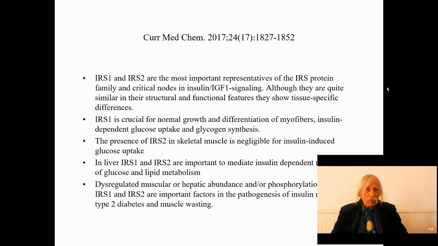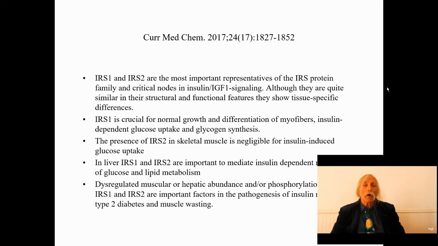There are two different isoforms, 1 and 2, and they're probably the most relevant representatives of those kinds of proteins, although there are other isoforms, but these are the ones that have most often been researched and we know more about. They are involved in critical nodes in insulin and insulin growth factor 1 signaling. Sometimes the peptide IGF-1 essentially replaces insulin in certain cellular, tissue and organ environments.